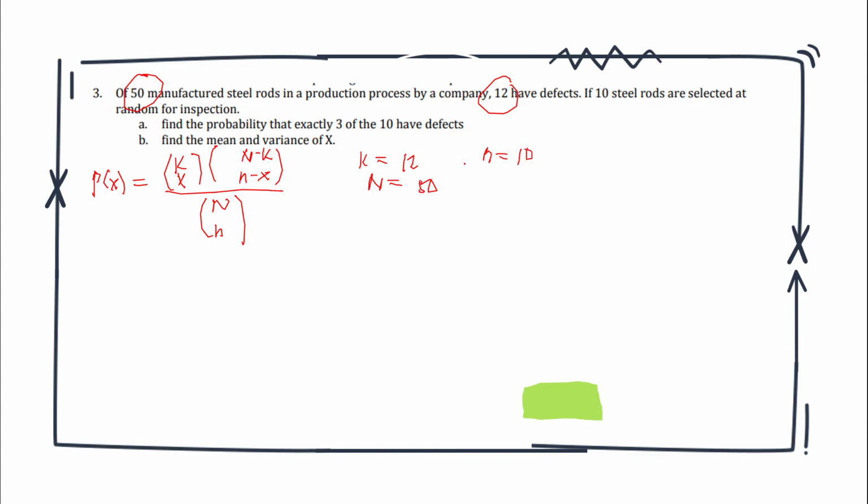So we have here, our first is to find exactly the probability of x. So our x is equal to 3. So P of x equal to 3.